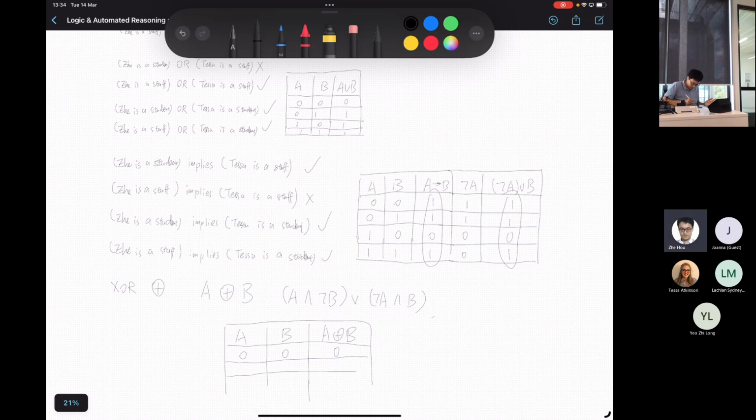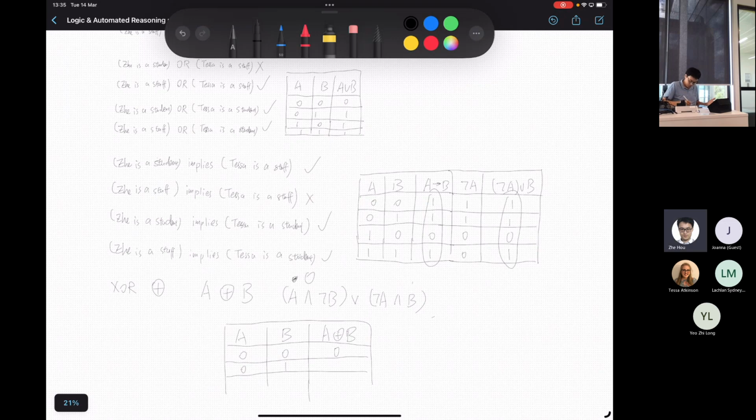How about A is false and B is true? What about this case? A is false and B is true. So A is false, that's false. Then the left-hand side is guaranteed false. Right, so there's a big zero here.